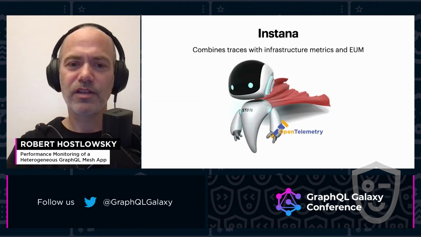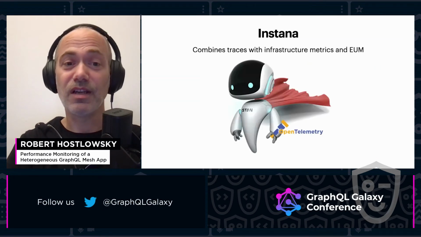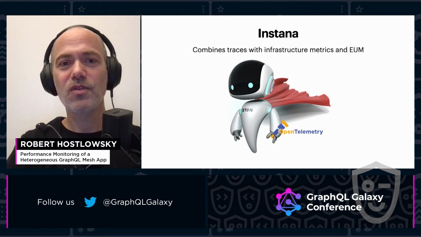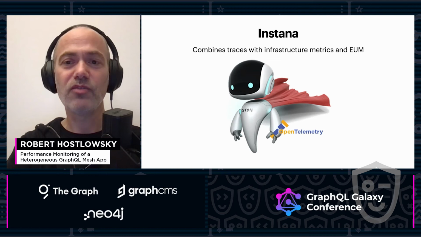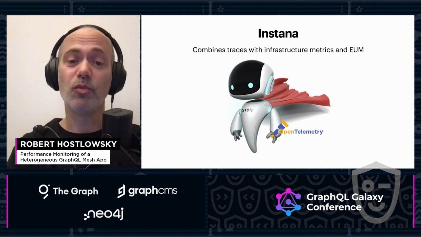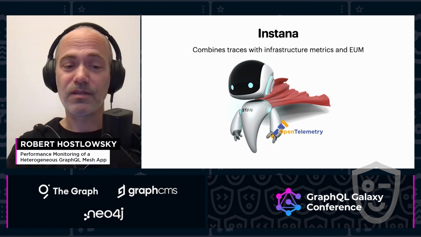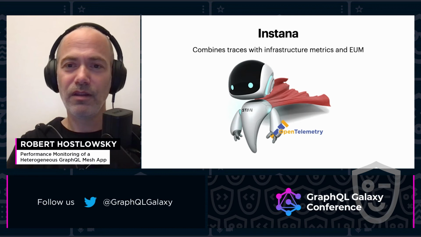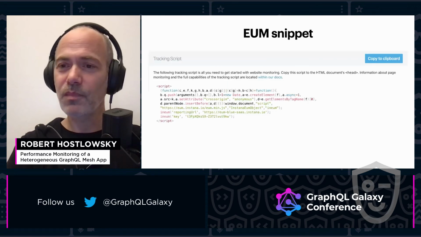I also had the chance to use Instana, which combines traces of the communication between services together with infrastructure metrics and also with EUM, end user monitoring. And by the way, it implements OpenTelemetry, the latest standard in this area.